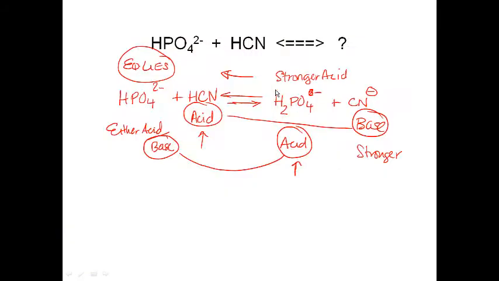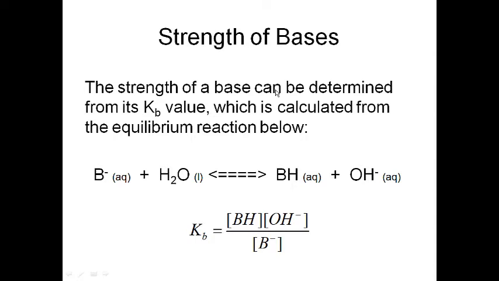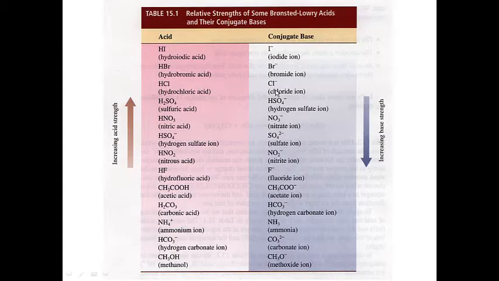Now, in organic, we're going to have a little bit of a difference. So in general chemistry, you also talk about the strengths of bases, and you can have a Kb equation, which would lead you to a pOH, and we're not going to be too concerned about that in organic.